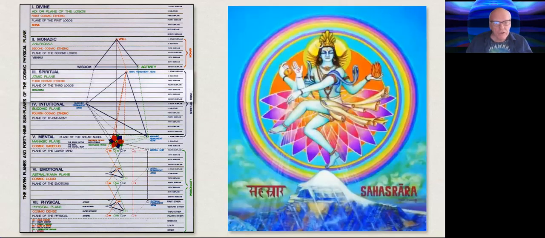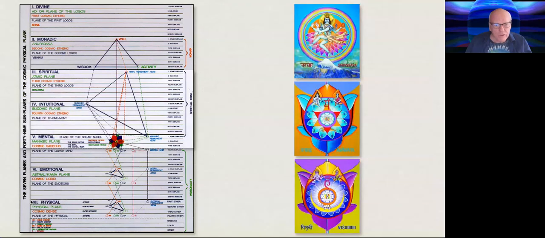The head center, associated with the Atmic plane, represents the energetic sum total of all the other centers. During the last stages of the raising of the Kundalini fire, the head center, along with the heart and throat centers, forms a field of attraction for the downflow of fire from the fire of spirit. This field of attraction corresponds with Atmi Buddhi Manas.